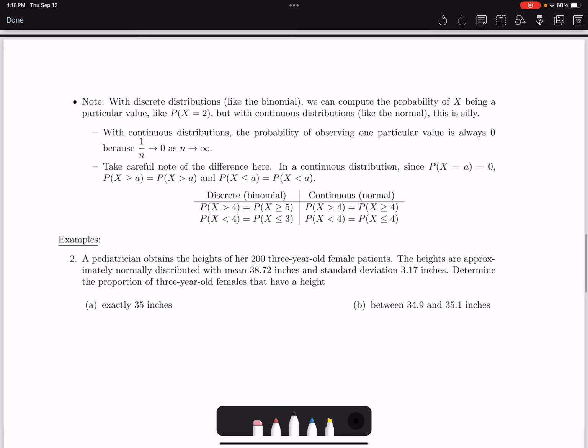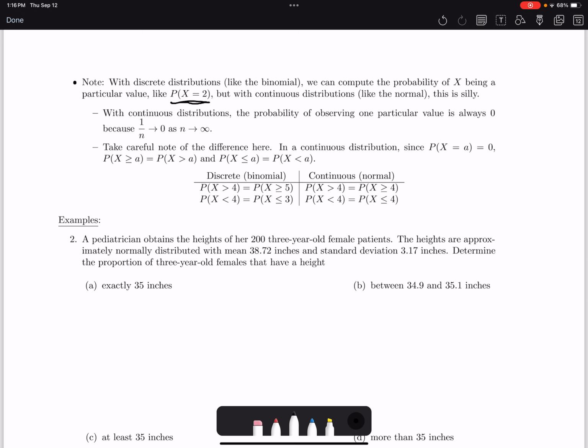And that ends up making a big difference in the way that we work with probabilities in the binomial calculator versus the normal calculator, or more generally for discrete distributions versus continuous distributions. So let me just walk you through this.